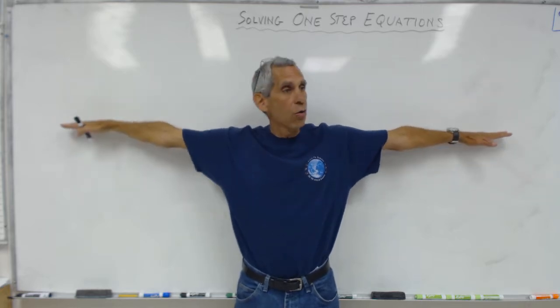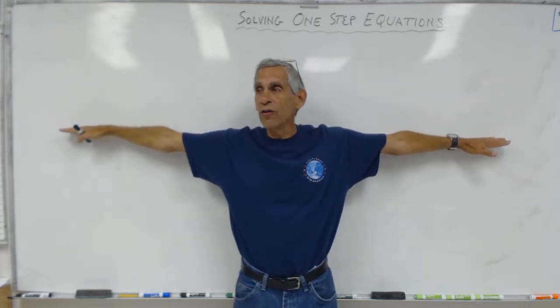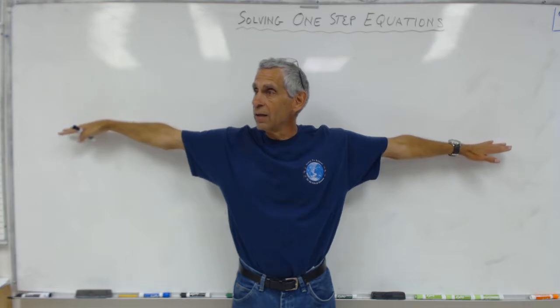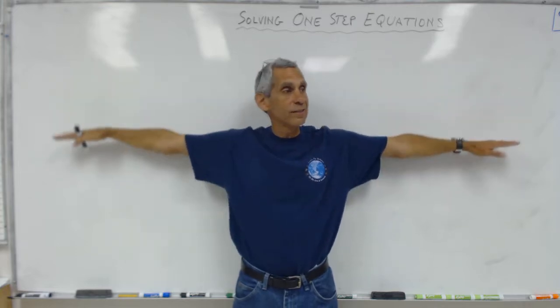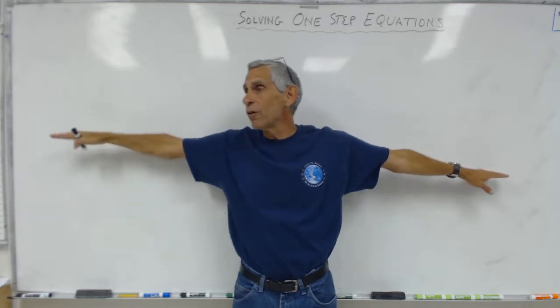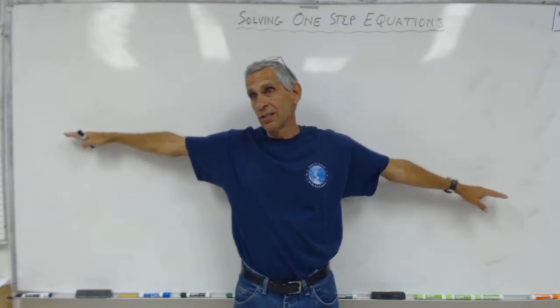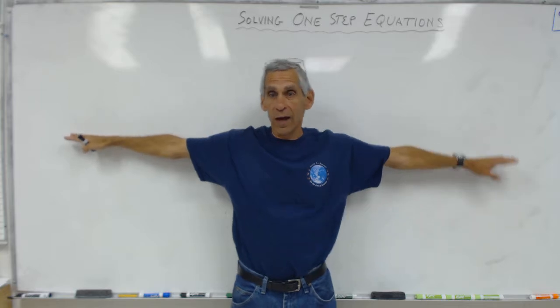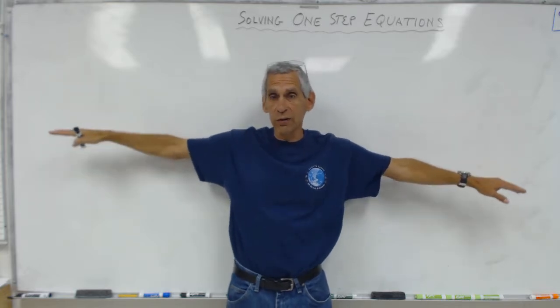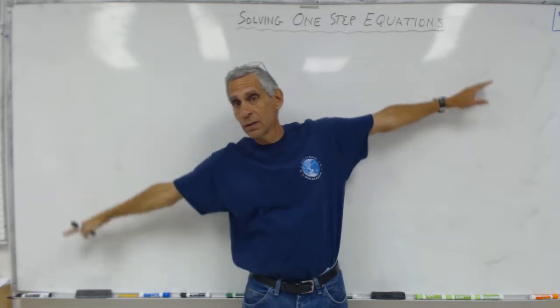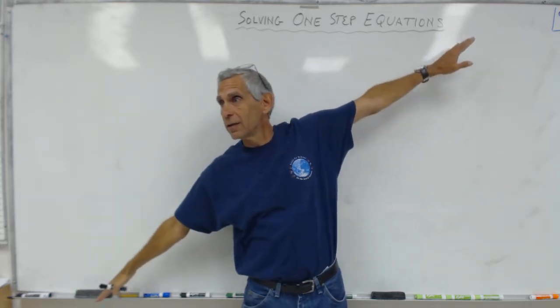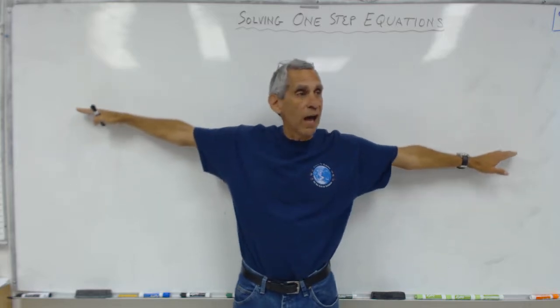It's always horizontal. You never take something away from this side unless you also take it away from this side. You've got to do the same thing to both sides. You never multiply this side by a number without also multiplying this side, because if you multiplied this side by a number greater than 1, it would be out of balance again. You've got to do the same thing.